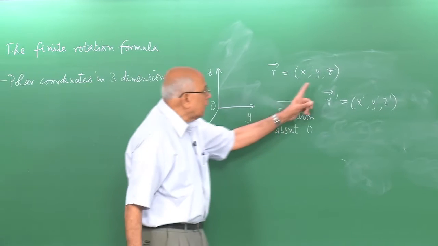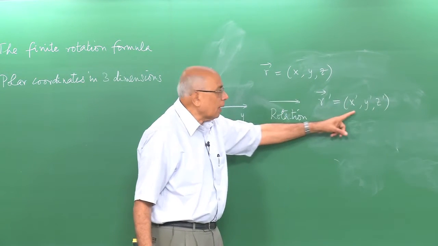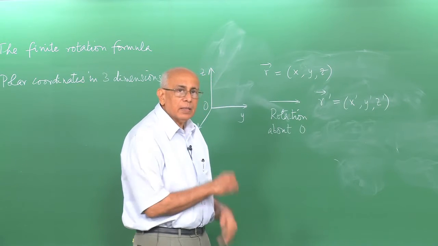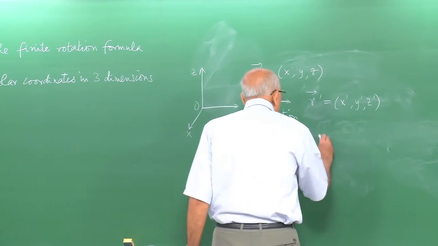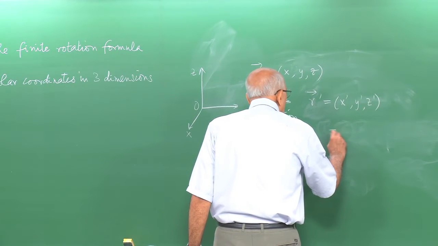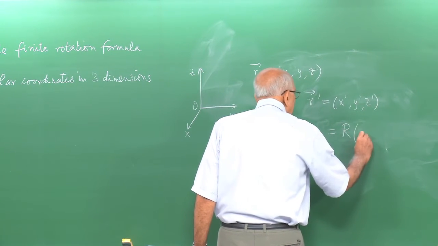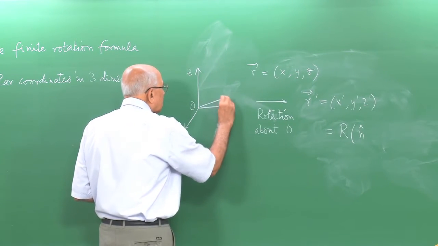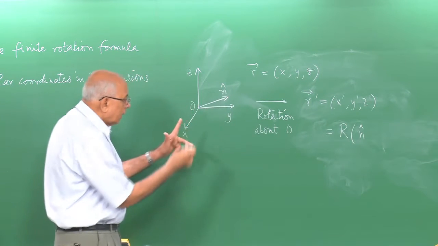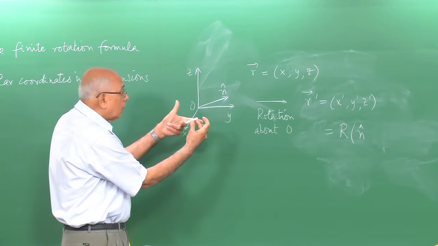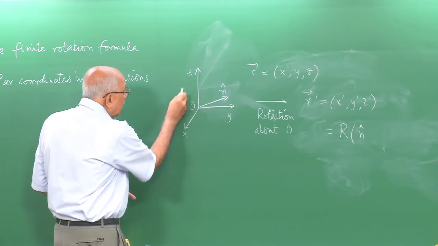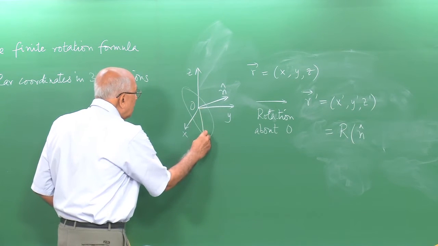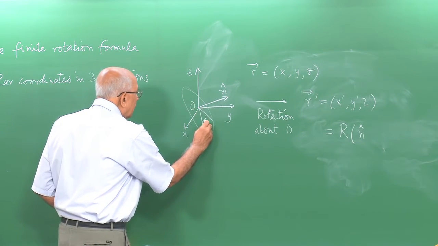where x, y, z determine what x prime, y prime, z prime are according to the action of some 3 by 3 matrix called the rotation matrix. So in symbols we said that R prime was equal to a rotation matrix defined by the axis of rotation. So whatever direction of rotation you had in space to rotate about, n, and then in the plane perpendicular to this n, the rotation was by some angle psi.